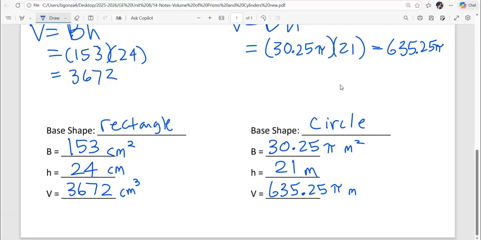Is it meters squared? Or is it meters cubed? Or is it just meters? All right. It is cubed, to the third power. Put meters cubed.